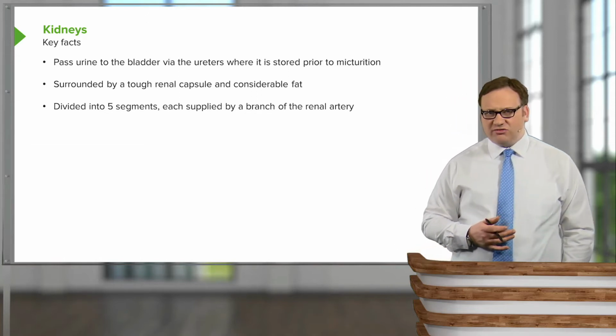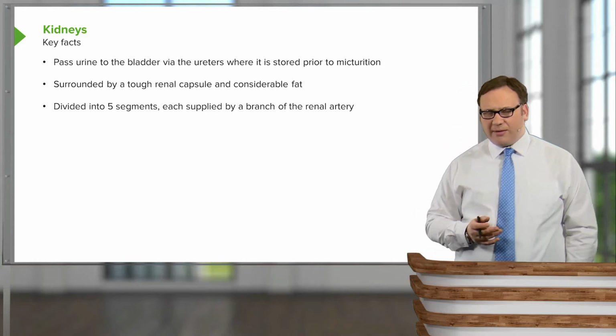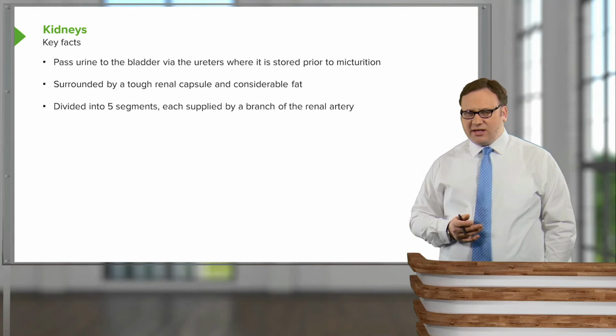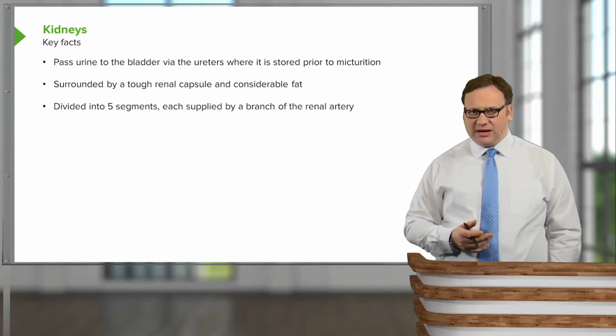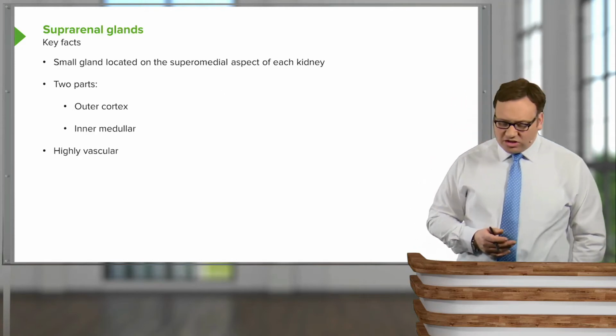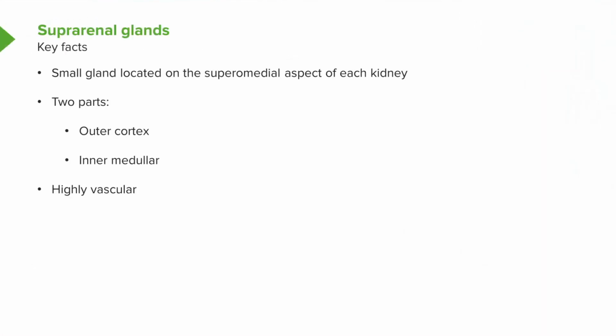Each of the kidneys is surrounded by a tough renal capsule and considerable fat, perinephric and paranephric fat, which we'll see. And each of the kidneys is divided into 5 segments, with each of these segments supplied by a segmental renal artery. The suprarenal glands, which we'll explore towards the end of the lecture, are located on the supramedial aspect of each kidney.